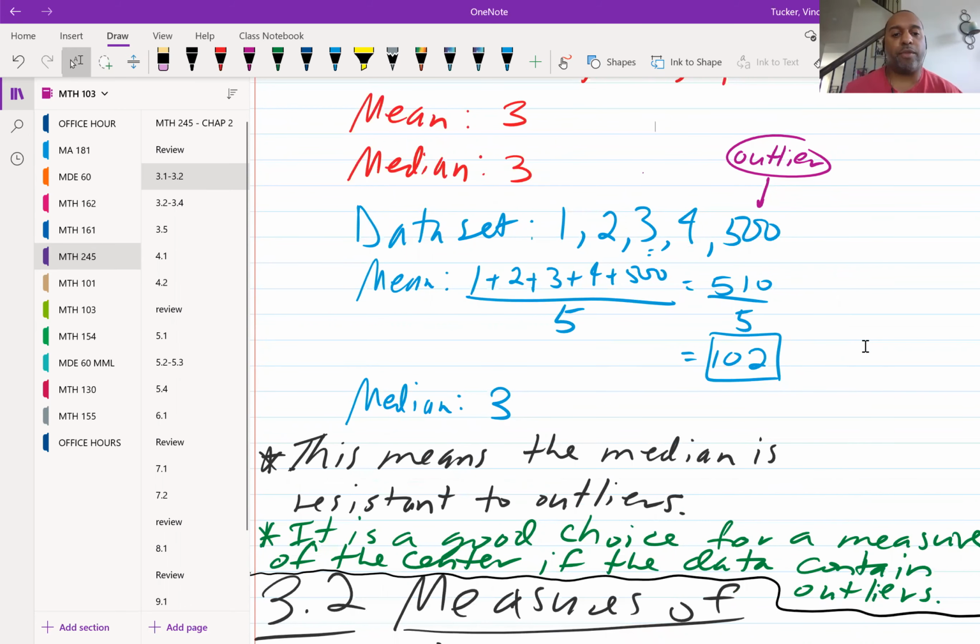So last statement out of 3.1: it is a good choice for a measure of center if the data contains outliers. So we talk about the mean.